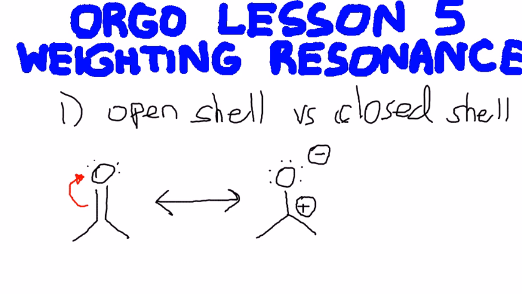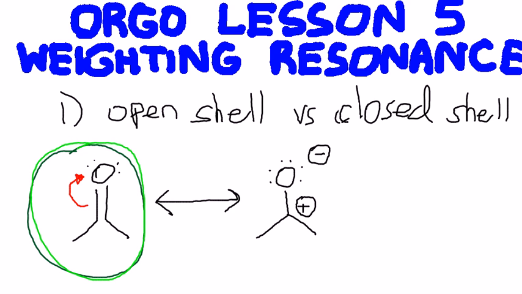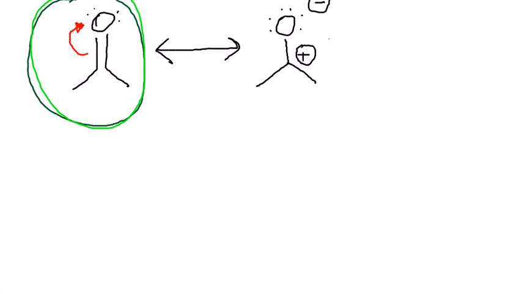So we can conclude that this molecule on the left has more significance when representing acetone than the one on the right. And the open shell versus closed shell is the first thing you should look for because the difference in stability is so great. Open shell is not very stable at all, and closed shell is very stable.